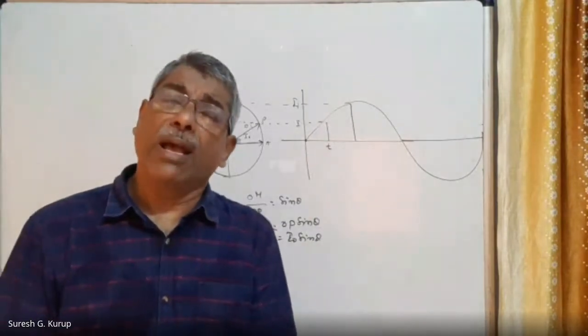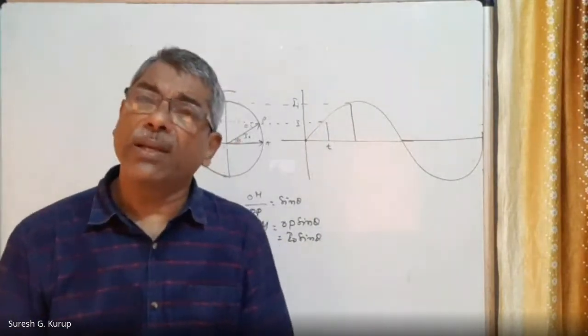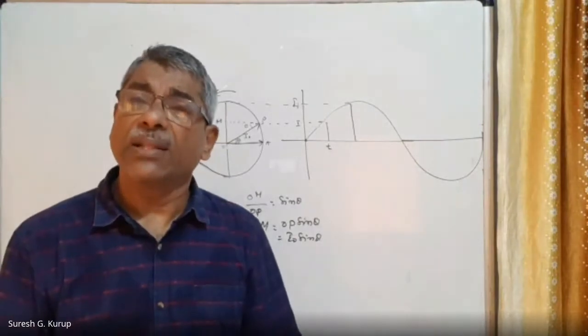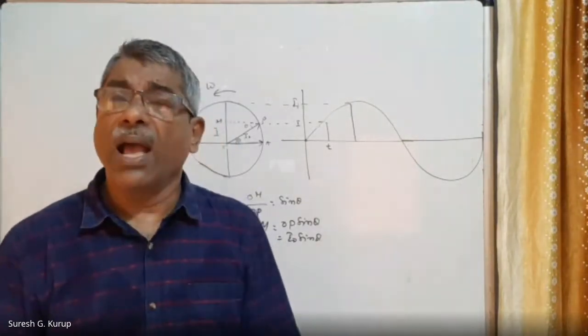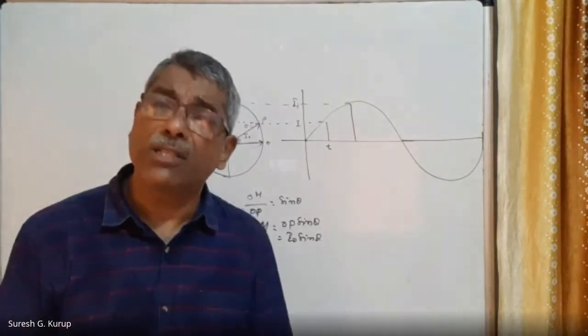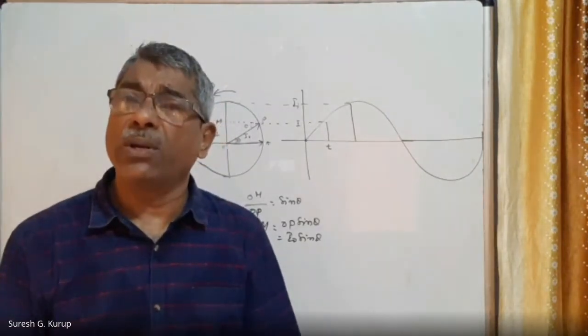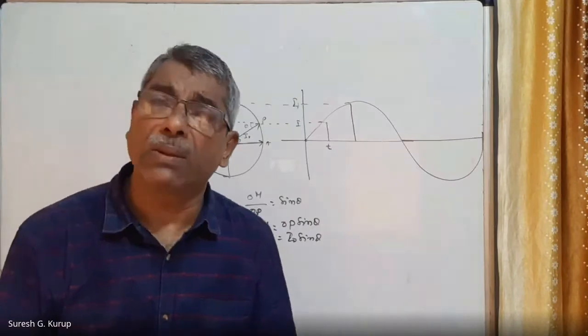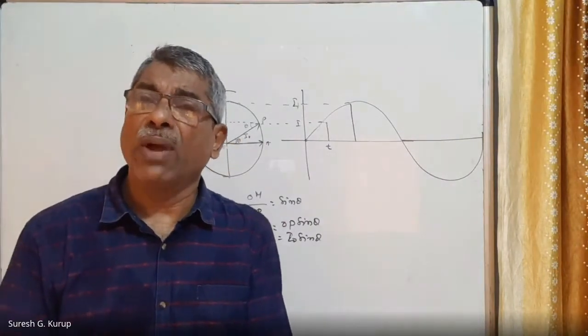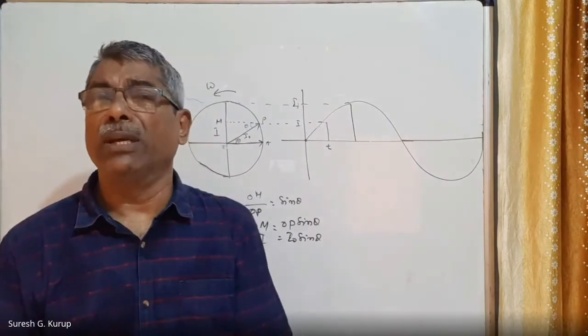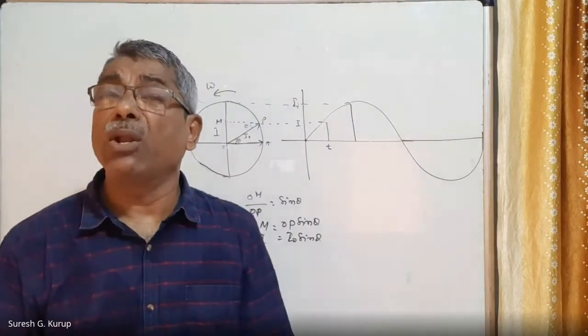Because when an AC EMF is applied in an AC circuit, the resulting current is also AC only, and will have the same frequency. Current and voltage will have the same frequency. But sometimes, due to the presence of different circuit elements, the phase will not be the same.